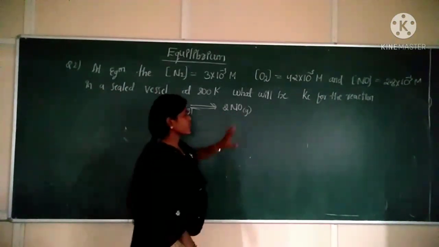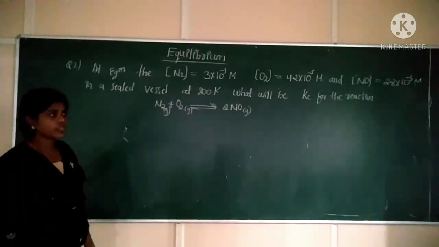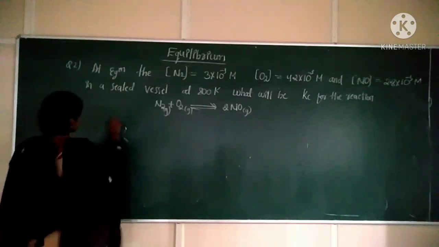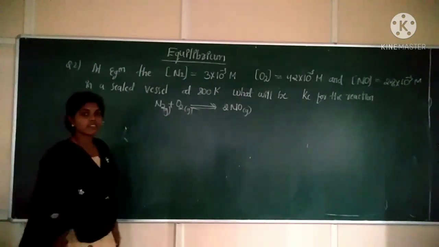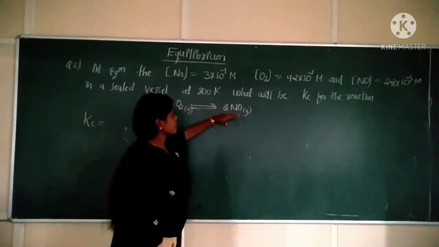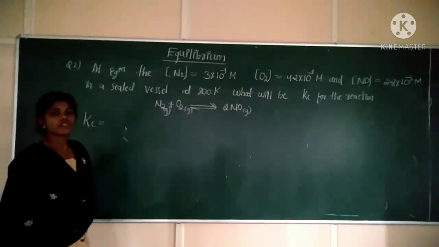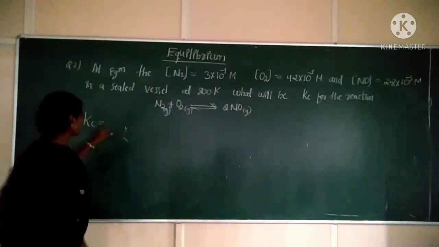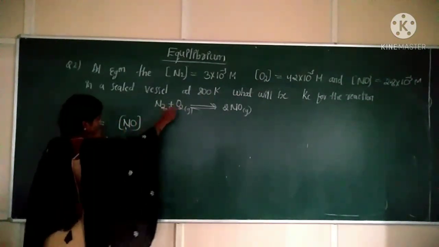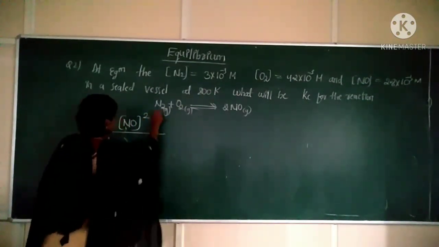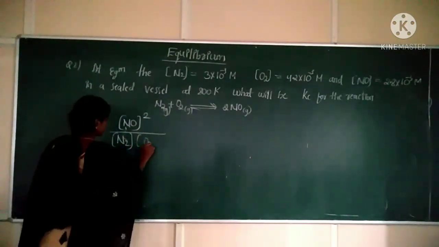Okay. Now again we have to calculate. Write the equilibrium constant. How to write the equilibrium constant? Concentration of product divided by concentration of reactants, with stoichiometric coefficients raised as powers. So write Kc equals NO to the power 2 divided by N2 concentration into O2 concentration.